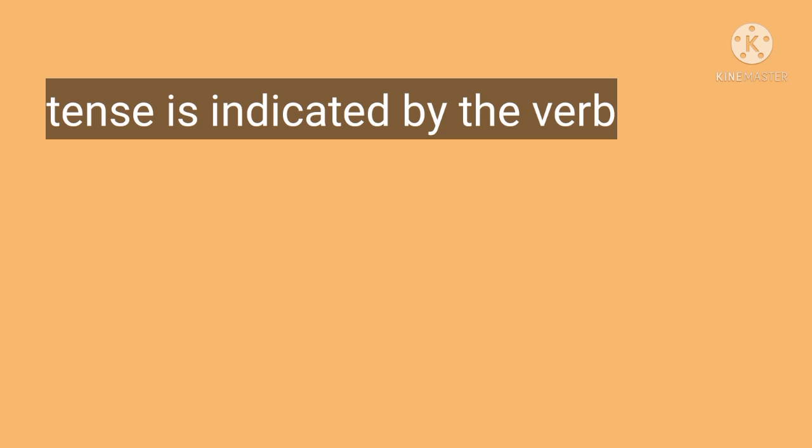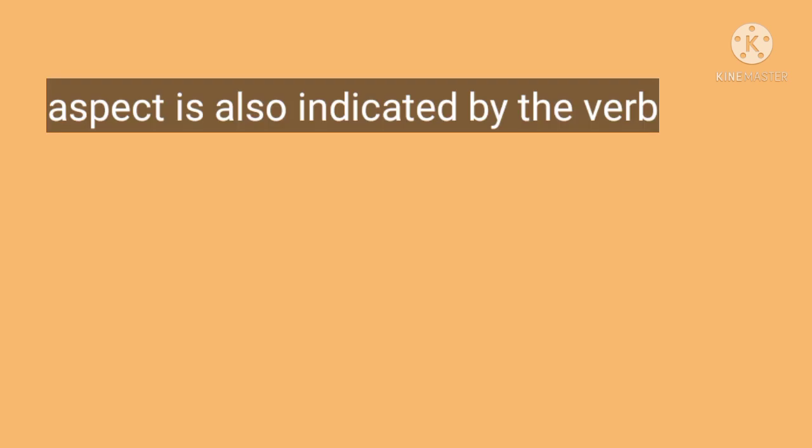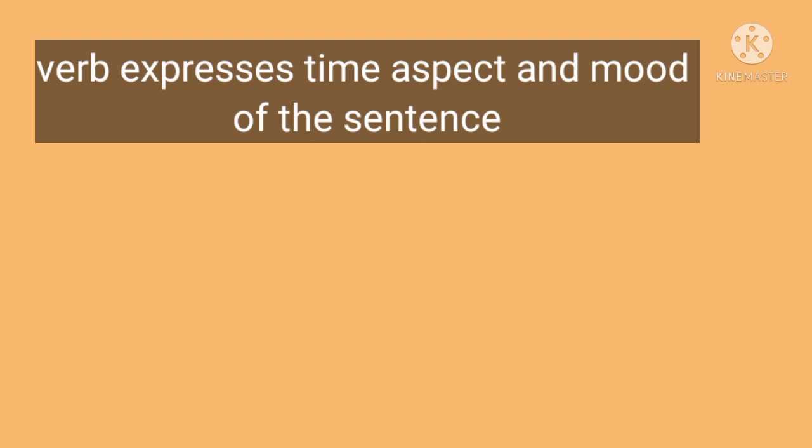The tense of a sentence is indicated by the verb. Similarly, the aspect of the sentence is also indicated by the verb. A verb in a sentence expresses all the three dimensions like time, aspect, and mood. However, we are not going to deal with the mood of the verb in this video.